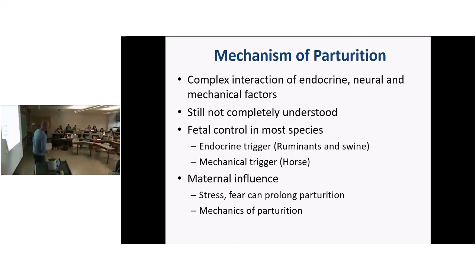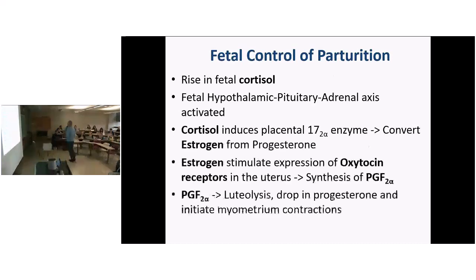Let's go to the next slide. One of the things that happens is a rise in fetal cortisol. That happens because the fetal HPA axis is developed; the fetus gets stressed and releases cortisol. Cortisol goes from the adrenal of the fetus to the placenta, and from the placenta to the mother. In the placenta, this cortisol induces a conversion.